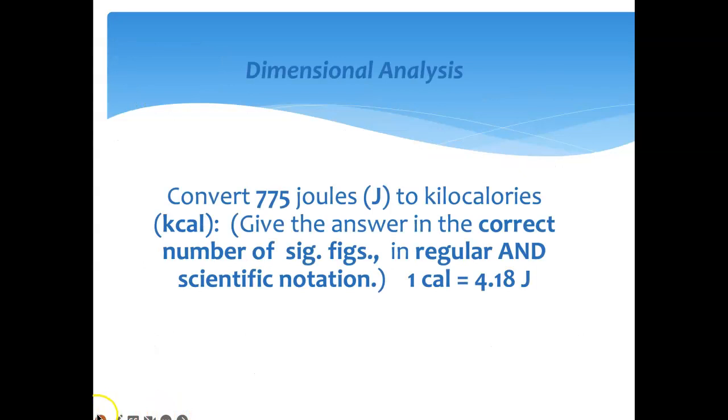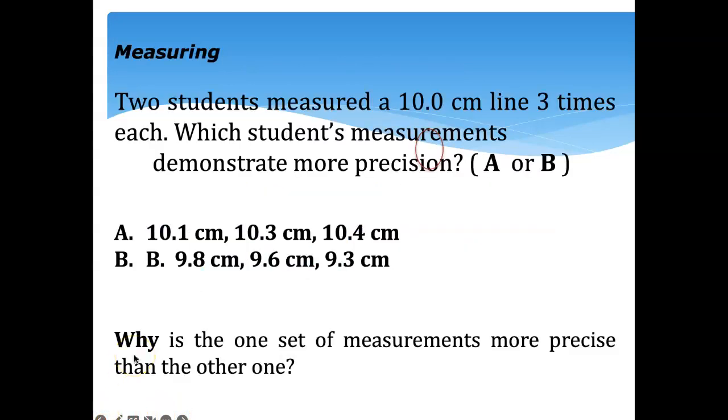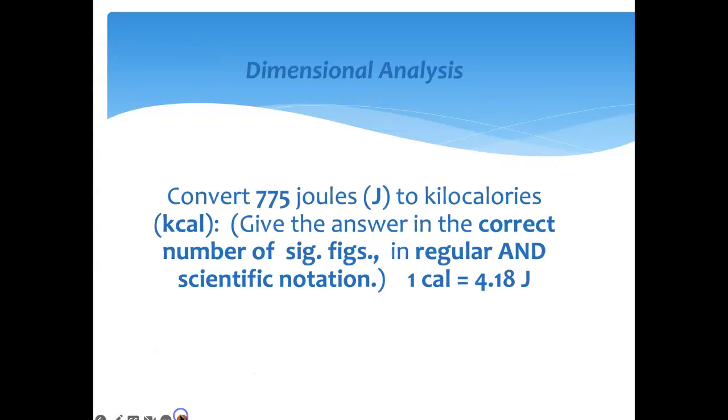It looks to me as though more precision is B, and I apologize, my circle is not in the right spot there. It looks to me as though person A is more accurate. Of course, I could determine precision by doing my standard deviation and accuracy by doing my percent relative error.